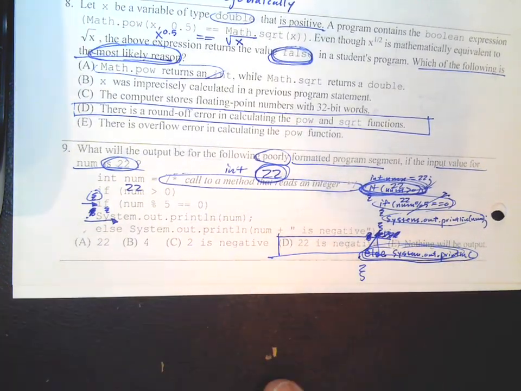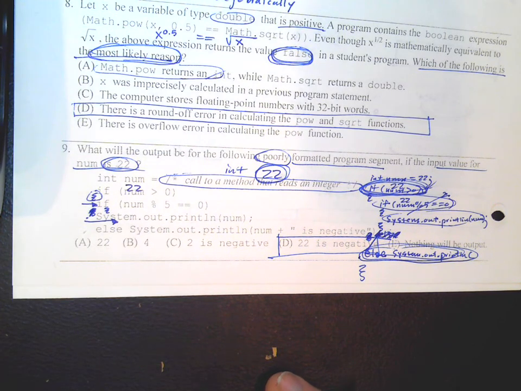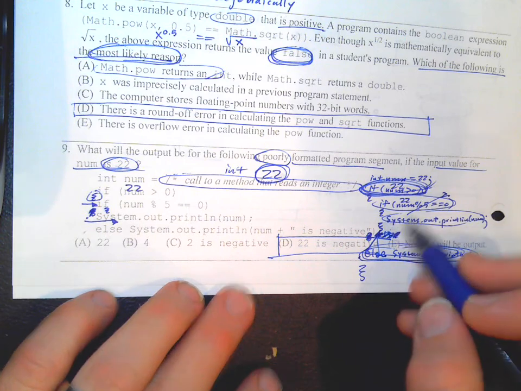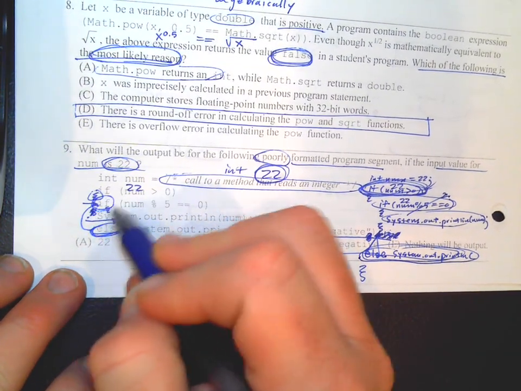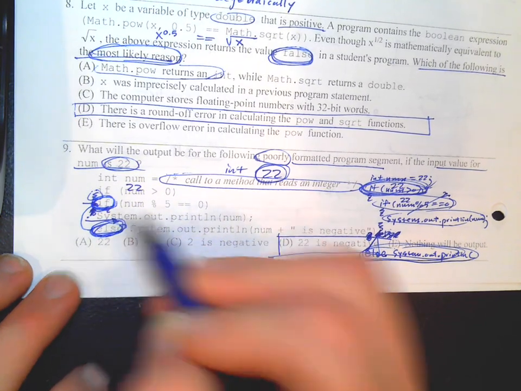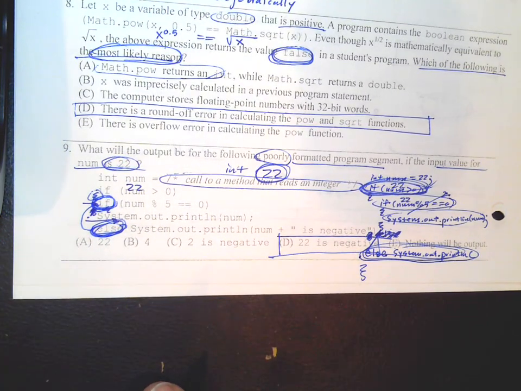So that one's tricky. The curly brace thing, I think, is a little more straightforward, but the fact that there's an else right here, it gets tied to the most recent if. So there you go.